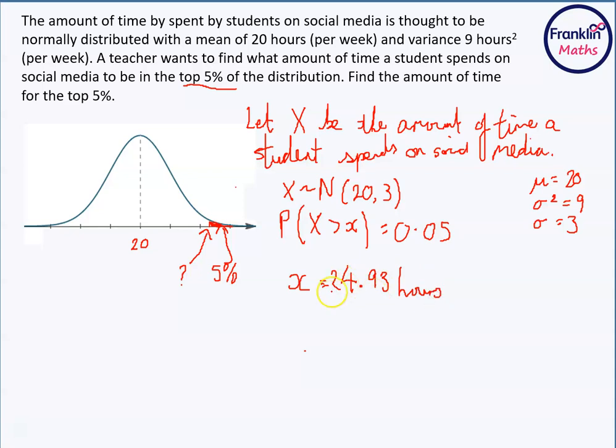And don't forget as well, what we're saying is the probability of finding somebody who spends 24.93 hours or more, there's a 5% chance of that. Okay, so you see how similar it is to the previous question. It's nice and easy to work through. If you've got one of the graphical calculators, it is quite nice and quite simple to do. Worth a couple of marks in your exam.